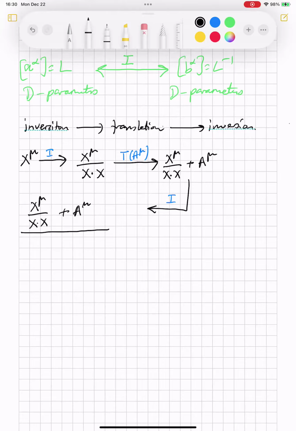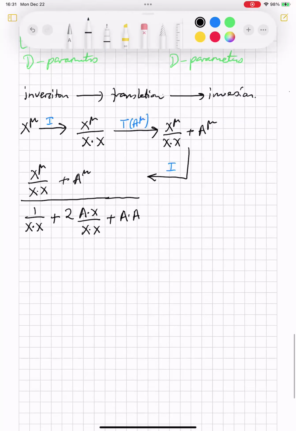So x mu over x dot x times x mu over x dot x is just 1 over x dot x. So that's the first thing that we get. Then there's a cross term. The cross term will come with a factor of 2. This will be a dot x over x dot x. And then we will have the term which is a dot a. So that's how inversion acts.